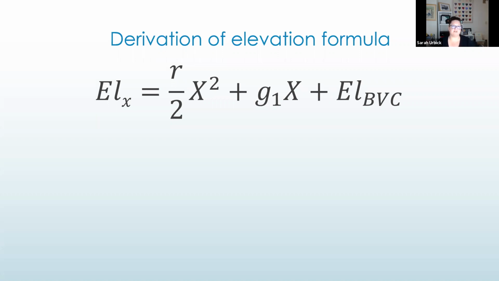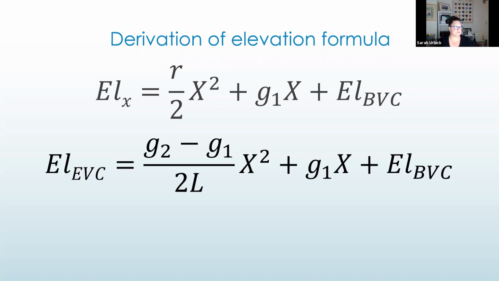We just figured out a formula for R. It's the change in grade over the distance. 1/2 of that gives us G2 minus G1 over 2L.